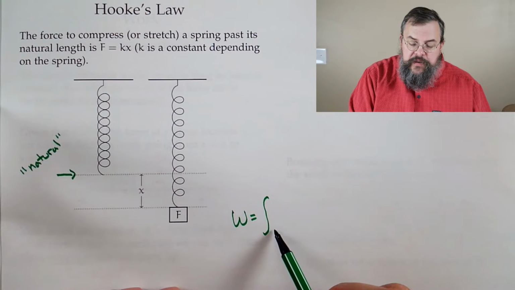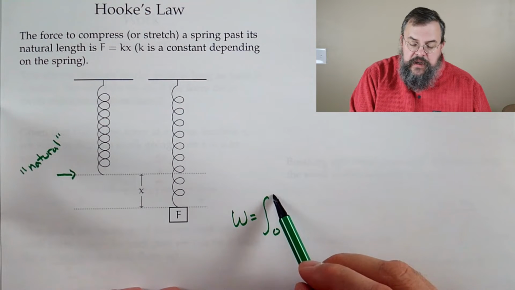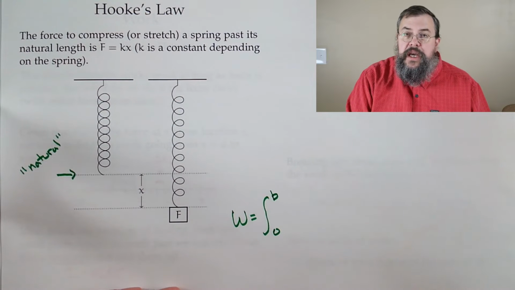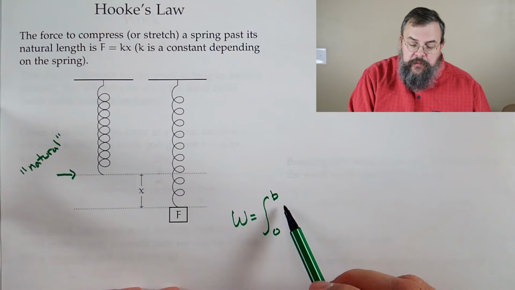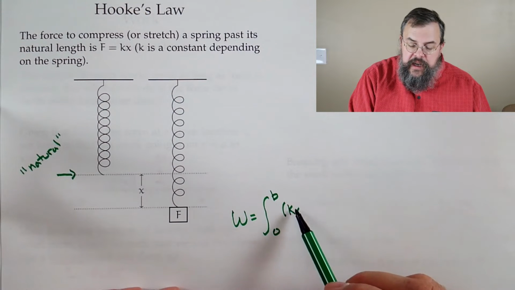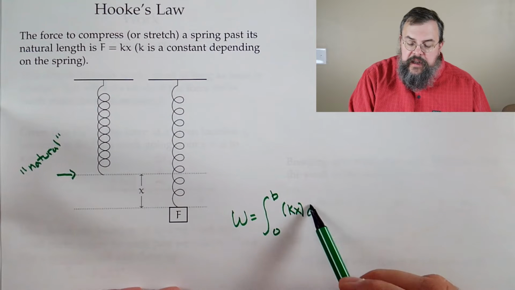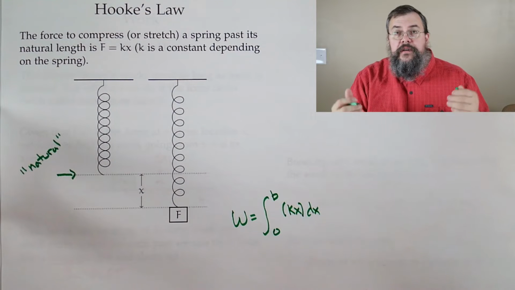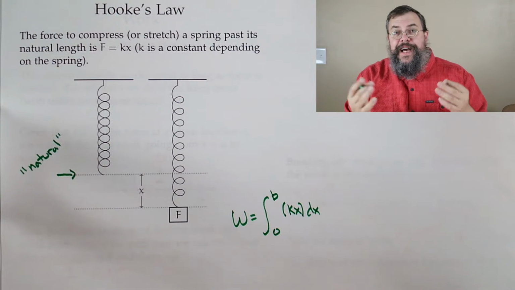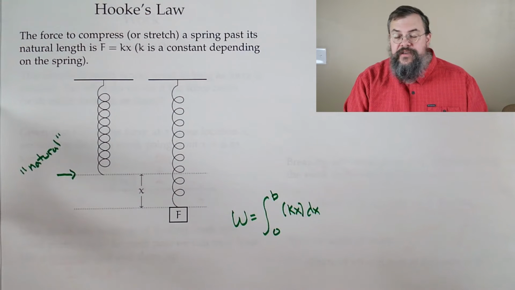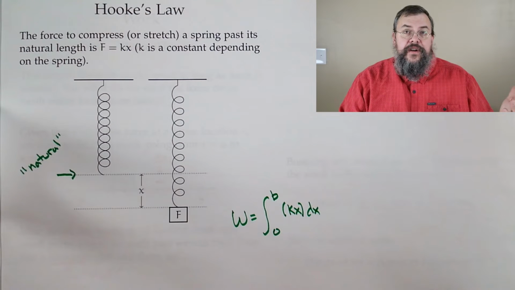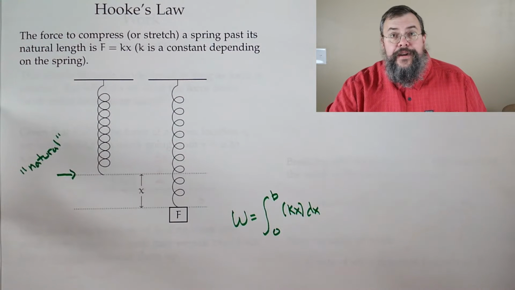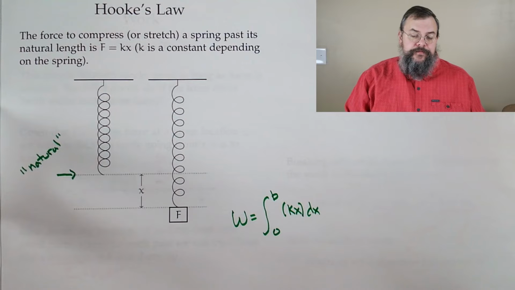So say we start from its resting state up to some marked distance b, and then we say the force at any stage, because the force is varying, then a small distance, force, distance, and then we can figure it out. Of course, we have to know k in order to do it, so oftentimes there's k's given, or we can find it through some other method.